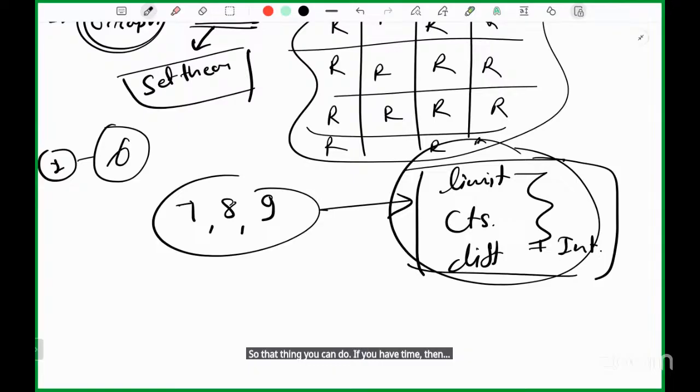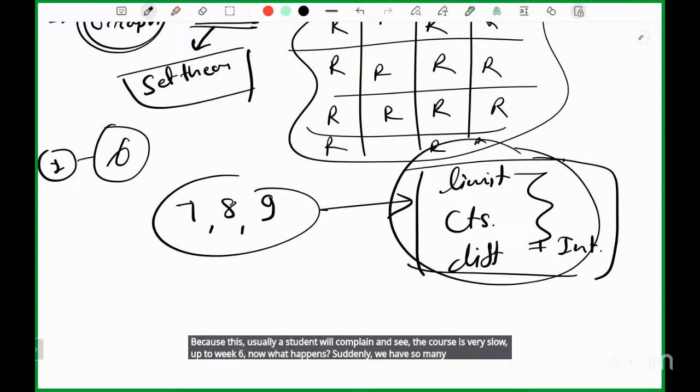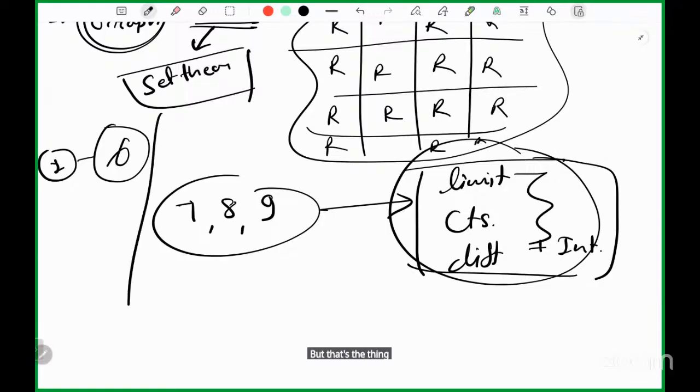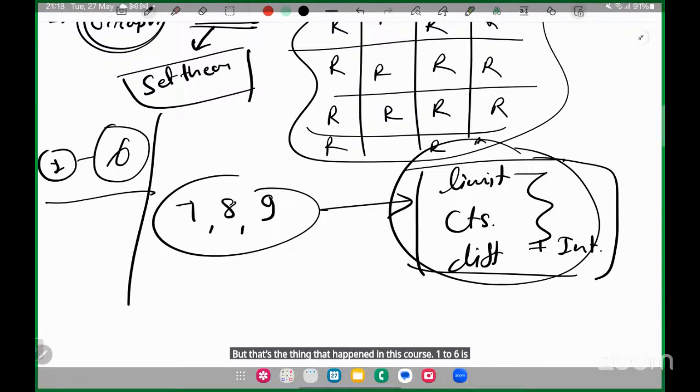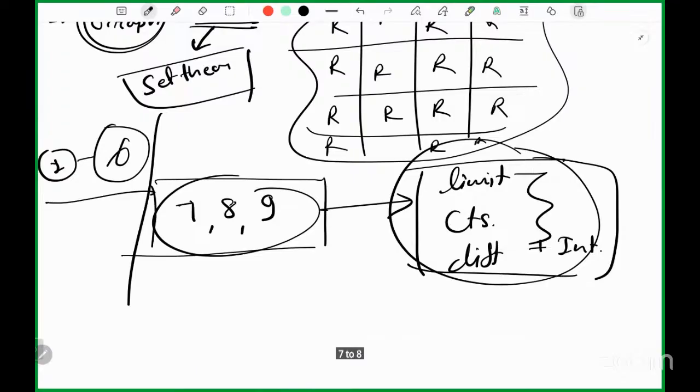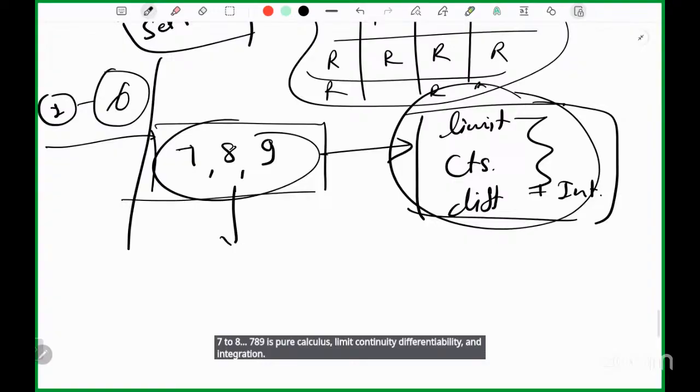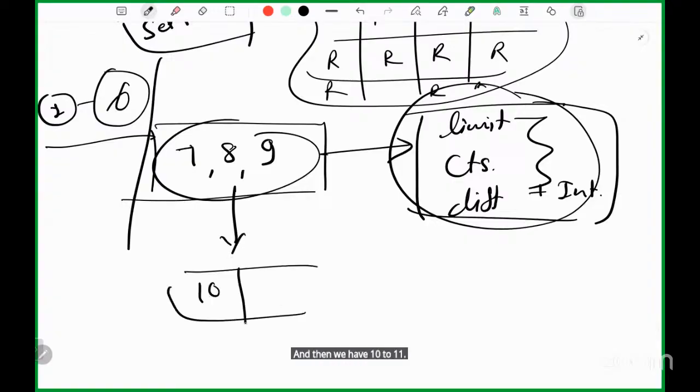Usually a student will complain, see, the course is very slow up to week 6, and now suddenly we have so many things to do. But that's what happens in this course. Weeks 1 to 6 are very basic. Weeks 7, 8, 9 are pure calculus: limit, continuity, differentiability, and integration. Then weeks 10 to 11 are the whole graph theory part.